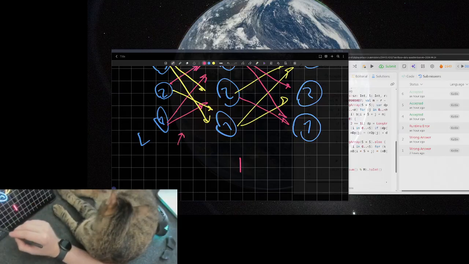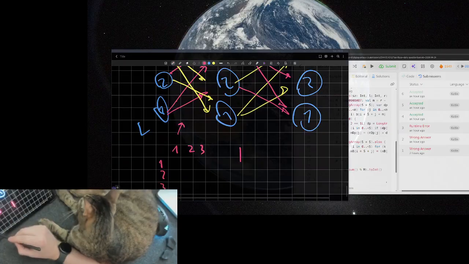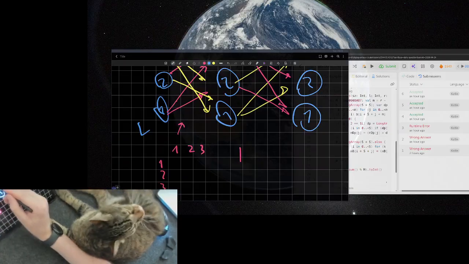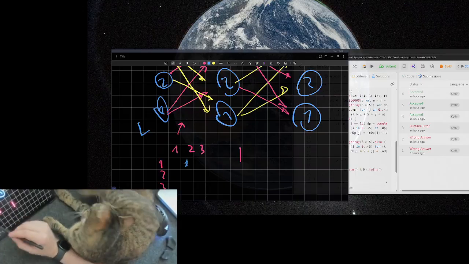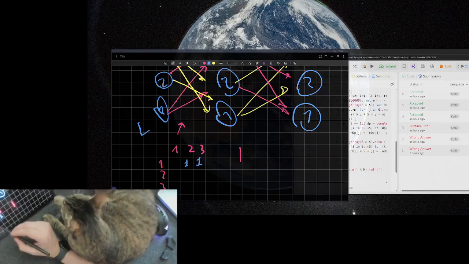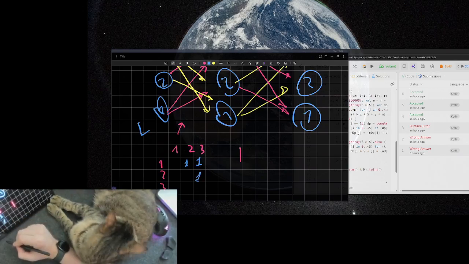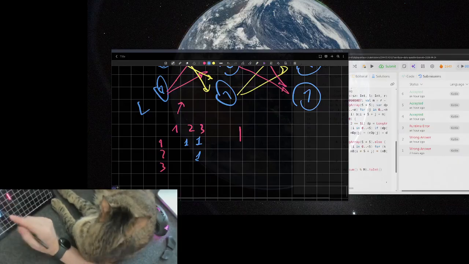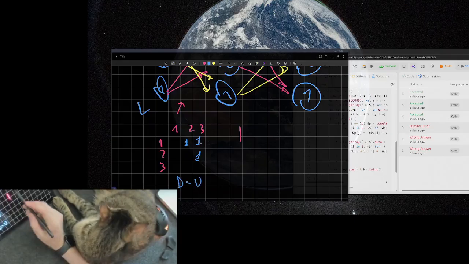It goes from 1 to 3, from 1 to 2, and from 1 to 3. This is an identity matrix. From 2 to 3, it goes from down to up.